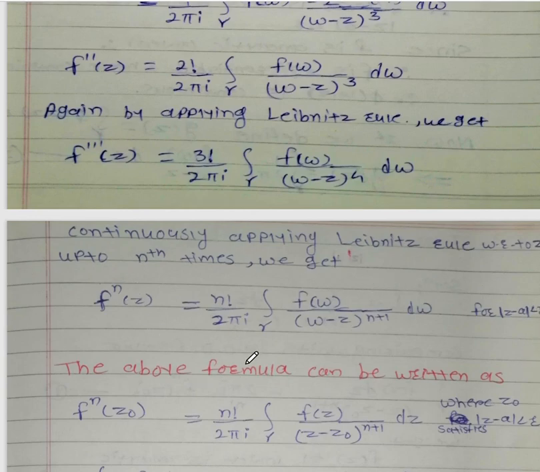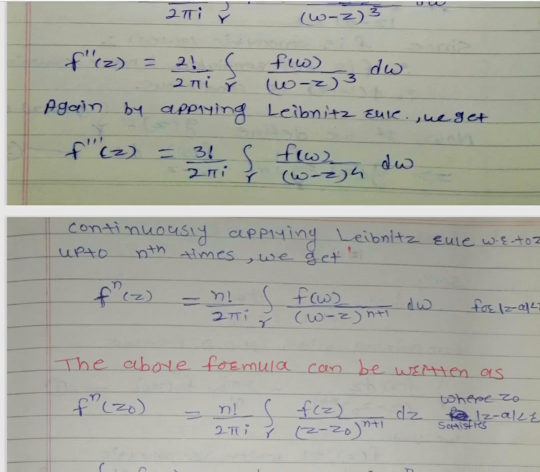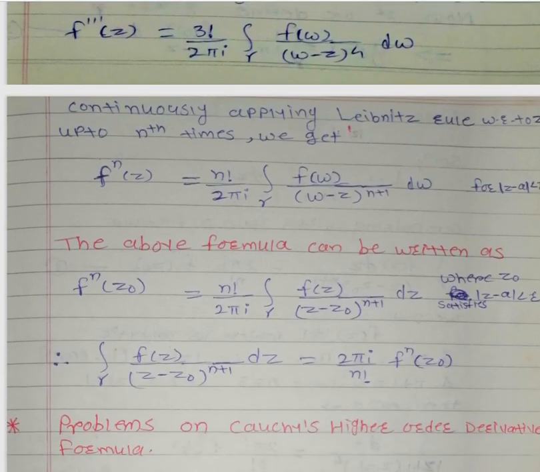Many books write it in another form. In some books the formula can be written in this form, and in some books in that form. These are the different types.